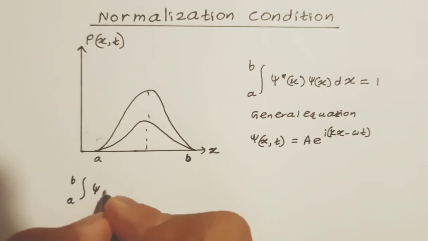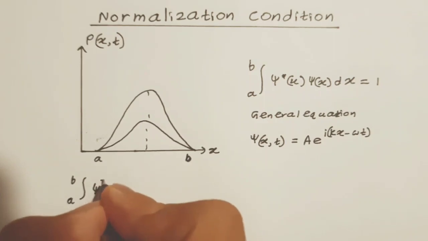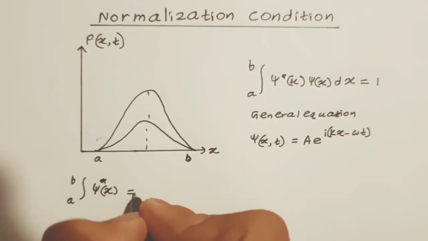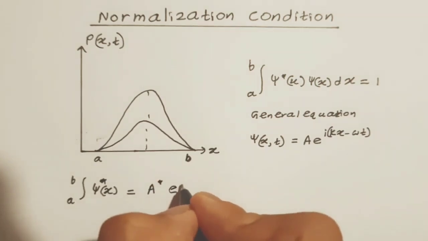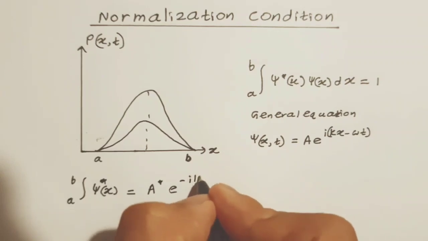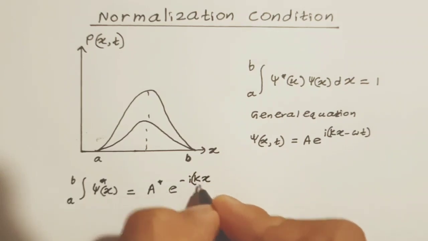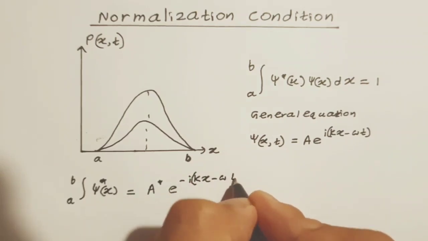Psi star x is equal to A star e to the power minus i(kx minus omega t).